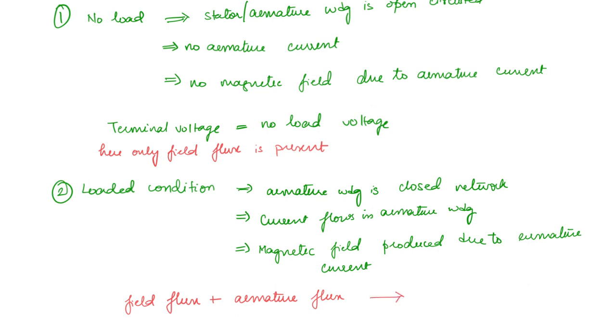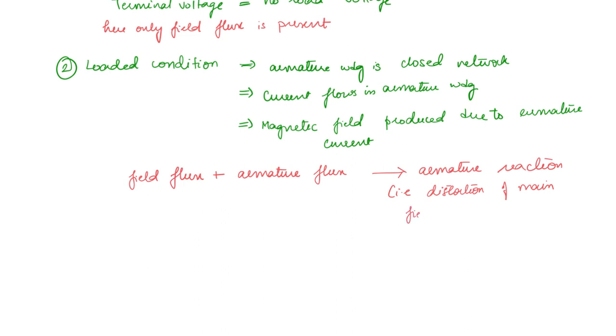This is what we call the armature reaction, that is, distortion of main field flux due to armature flux. If you consider the flux due to the armature current, you represent it as phi AR. This is the armature flux.